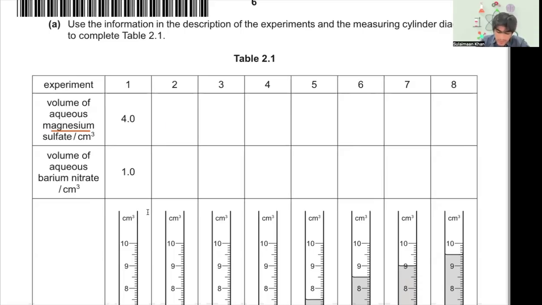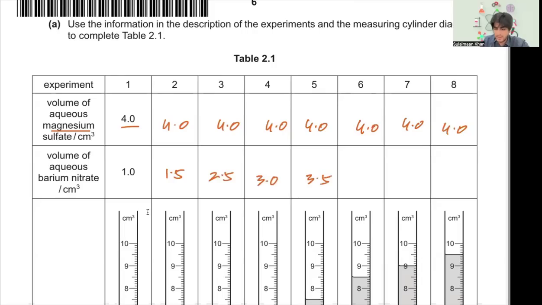So volume of aqueous magnesium sulfate, it did not change. It was 4.0, 4.0, 4.0, 4.0, 4.0, 4.0, 4.0. He did not change it. But in experiment 1, it was 1.0, then 1.5, then 2.5, then 3.0, then 3.5, then 4.5, then 5.0, and then 5.5. Done.